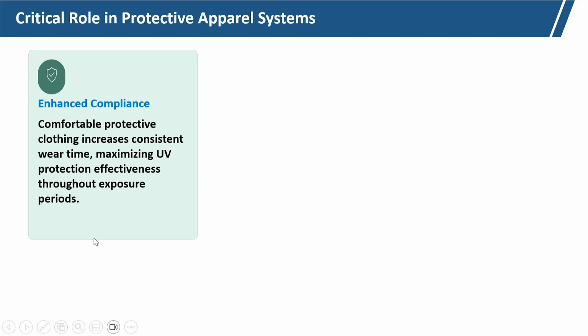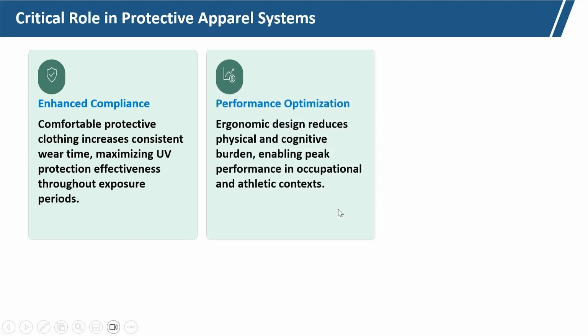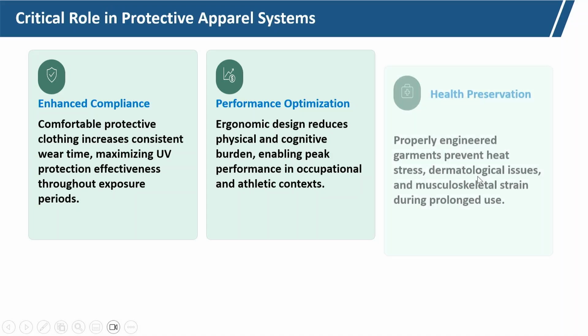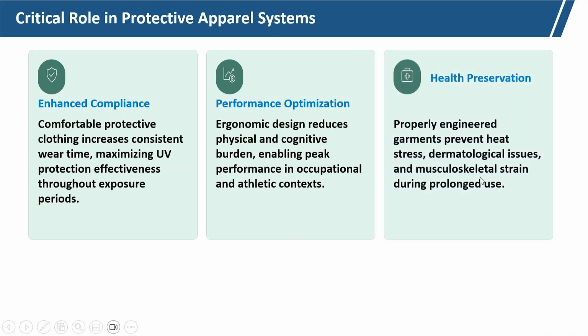So, that we should see the maximized UV protection, the human body movement should be perfect, and performance optimization should be there. Ergonomic design should be such that the performance is optimum. At the same time, for health preservation, a properly designed garment will reduce the heat stress.